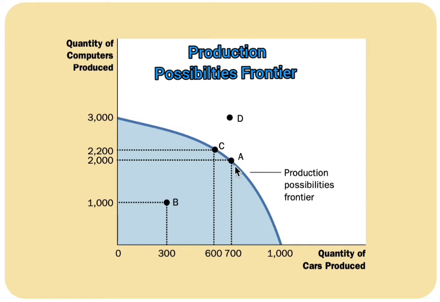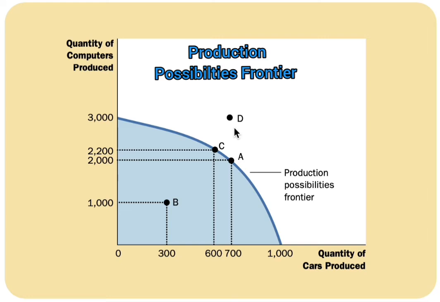Now, what is point D then? If points A and C are efficient points, and point B is an inefficient or underutilized point, what is point D called? There may be a few of you who wonder that if B is underutilized, then D should be called overutilized. No, point D is not called overutilized, rather it is called an unachievable point.